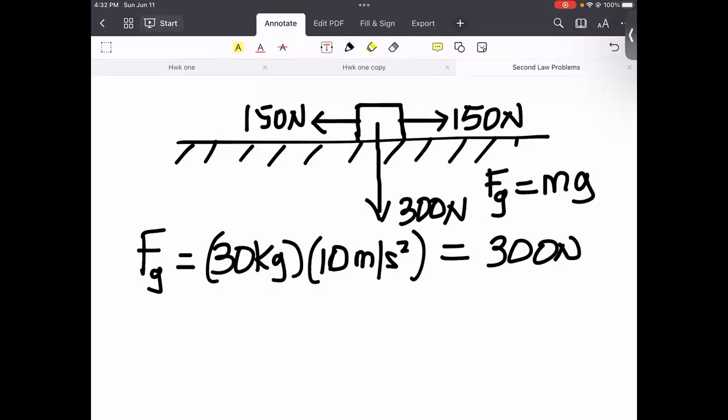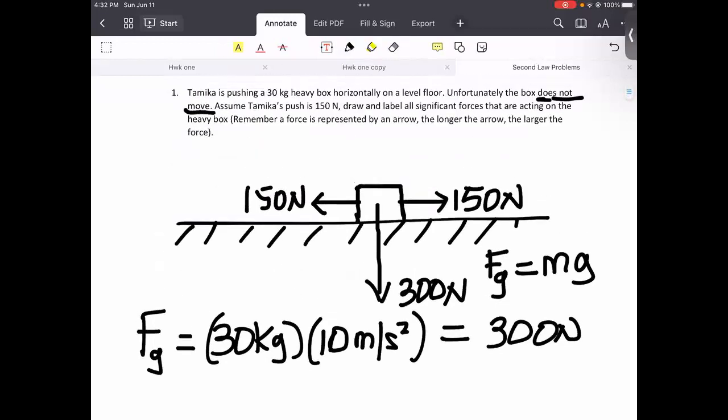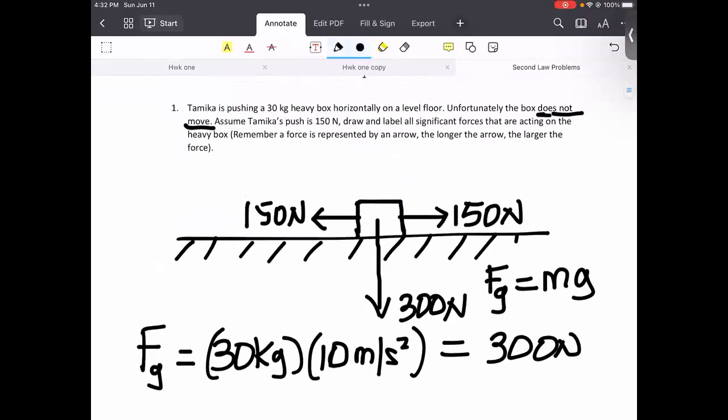Okay, and then we have to understand that if I stop here, it means that the net force is not zero in the y direction. So I need to ask myself, what other significant forces are acting on the box? For sure, that must be the support force, which we call normal force. So there is also the support force here.